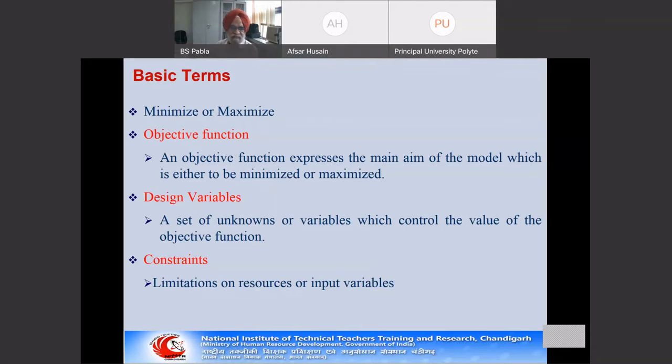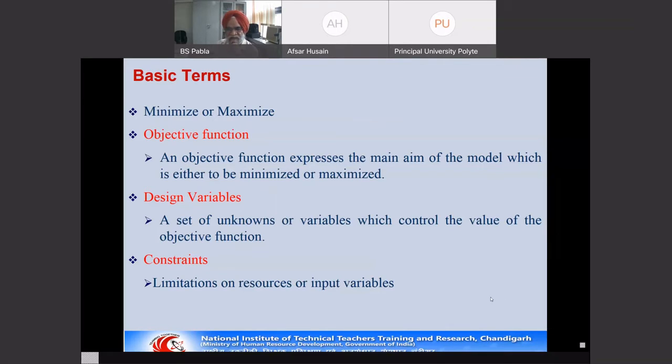Constraints. These are the limitations on resources or design variables. Limitation means, for example, I want to increase the production of plastic chairs, but the raw plastic which I have is just sufficient for 300 chairs in a day.